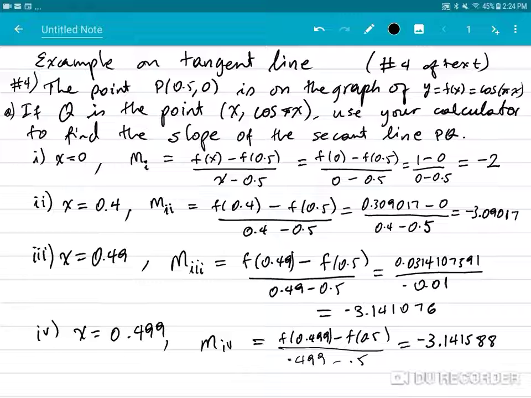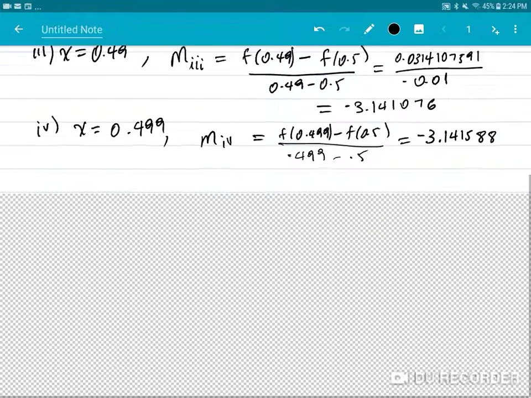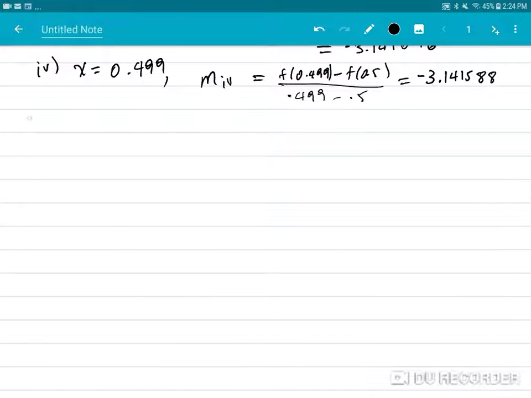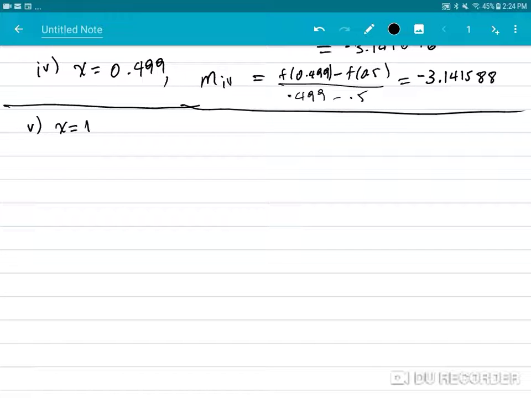We're going to do the same thing from the right. The first one is when x equals 1, and the previous ones were from the left side, approaching 0.5.